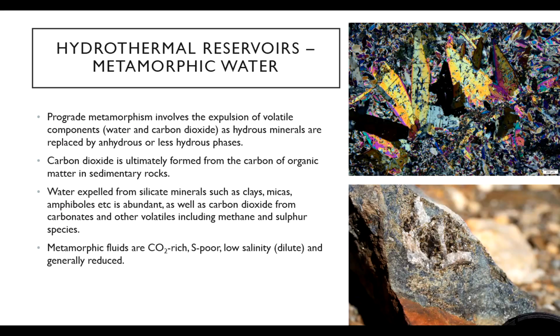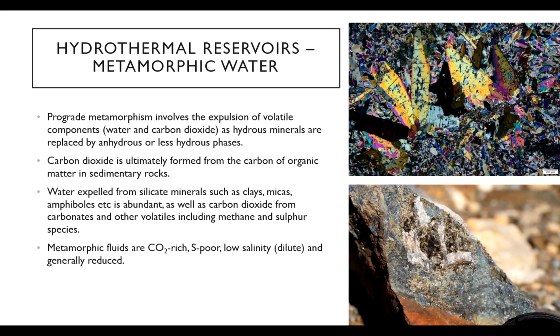So metamorphic water, expelled through dehydration of hydrous minerals to anhydrous or water-poor minerals. You get carbon dioxide. So they're commonly fairly rich in CO2, related to breaking down of things like calcite, dolomite.